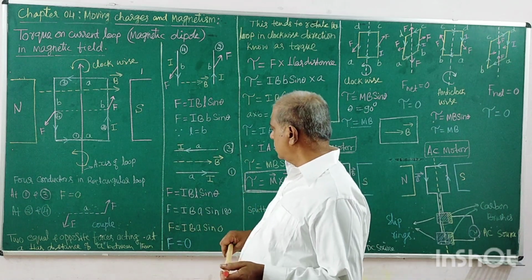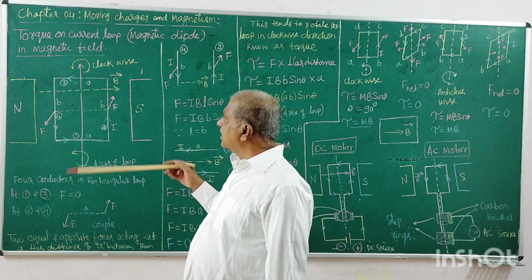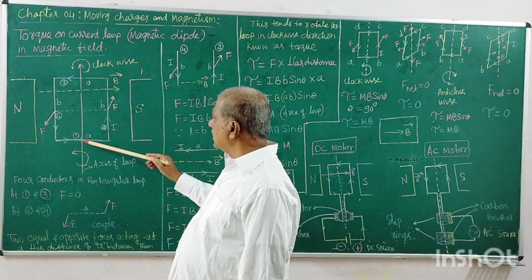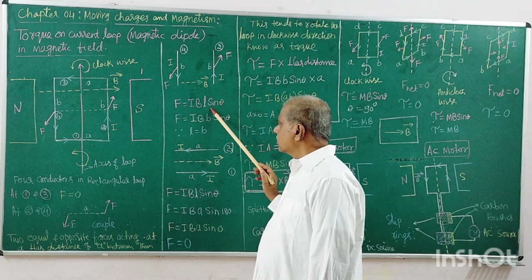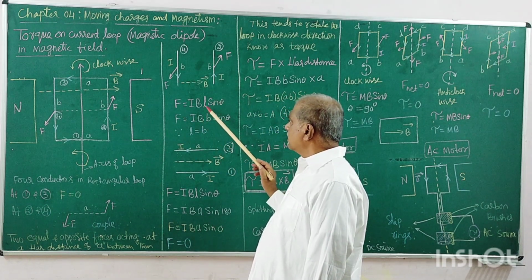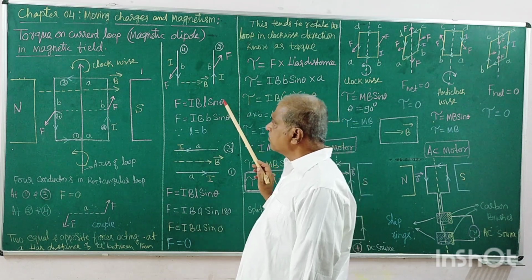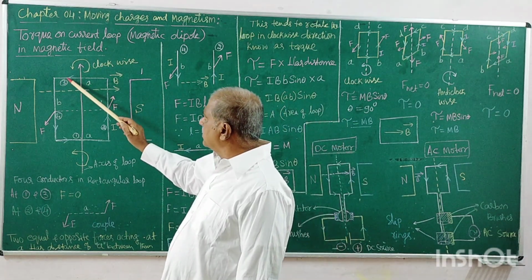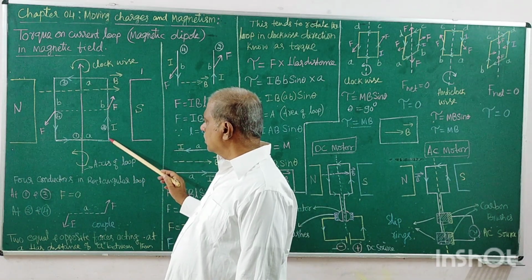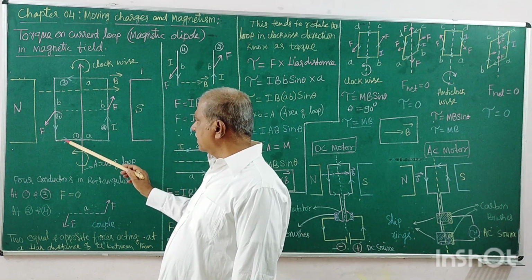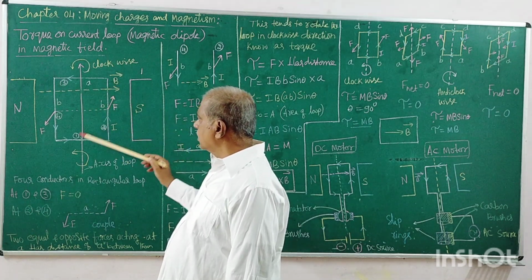Let us estimate the force exerted on this conductor as well as on this conductor using the same formula, I B L sin theta. What is theta on this line? Look at this line and the current direction. It is the same as this line.